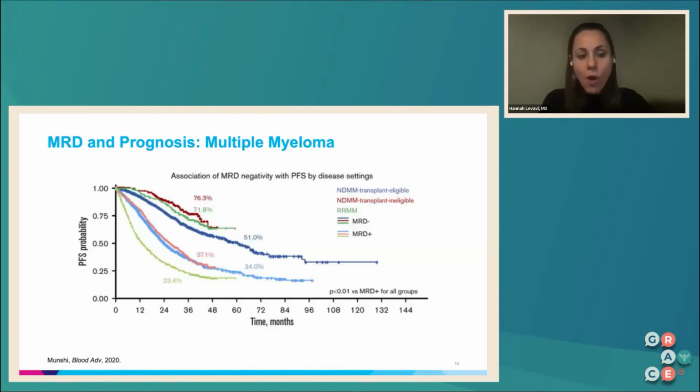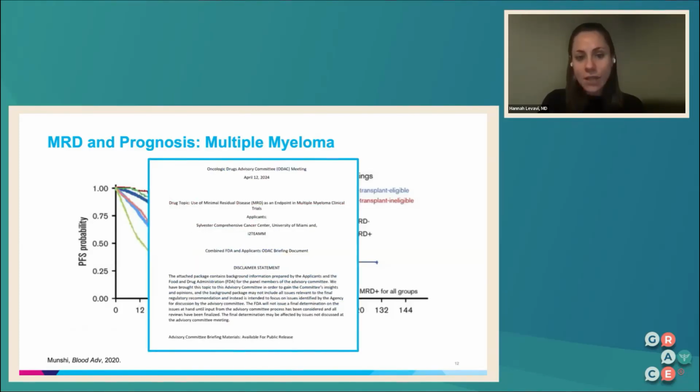And because of all of the research into MRD in multiple myeloma and the strong correlation with this concept of progression-free survival, where patients survive without progression of their disease, MRD was actually approved by the FDA last year as a surrogate endpoint in clinical trials. What that means is that MRD alone as an endpoint in a trial can lead to a drug approval.